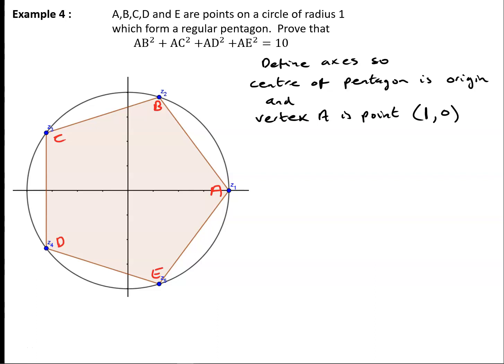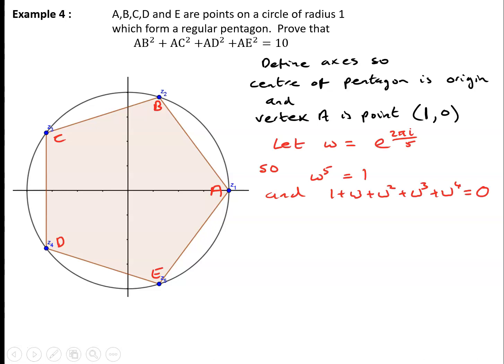Now the cunning thing on this question is that we're going to introduce omega, which is e to the 2 pi i by 5. Now if we introduce omega, we know that omega squared, omega cubed, omega to the 4, together with 1, are the 5 fifth roots of unity. And we know that these 5 points form a regular pentagon.